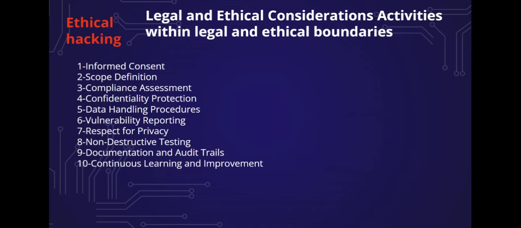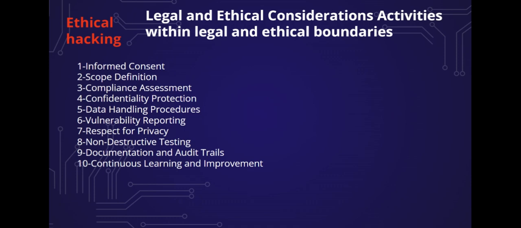All right, so we have some legal and ethical considerations, activities within the legal and ethical boundaries. Some of these pointers are really important, so let's take a look at them. The first one is informed consent: to obtain explicit consent from relevant stakeholders, if you're working for an organization, such as the system owners and users, before conducting penetration testing activities on their systems or networks.